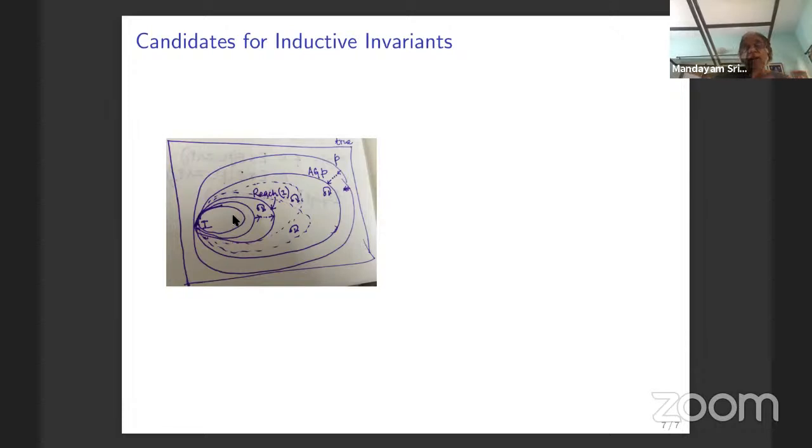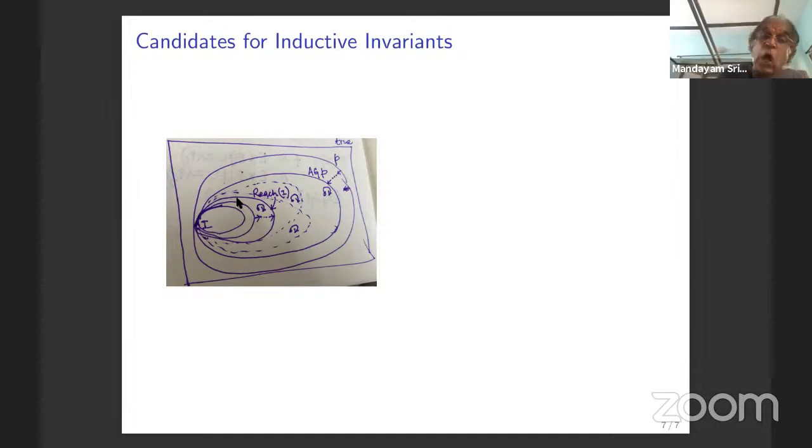So if you start with a superset of I and then did the same fixed point iteration that you did for computing the reachable states, what do you get? And then you will reach a fixed point. At that point, it will obviously contain all the reachable states from I. But since I started with an I which is a superset of I, it will also contain some other non-reachable states.